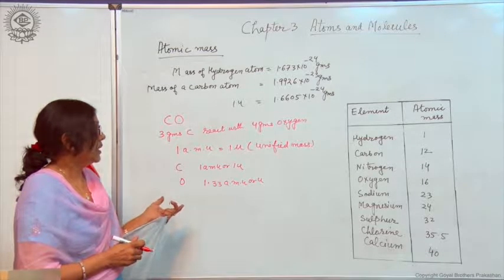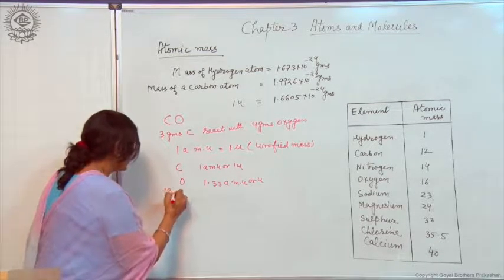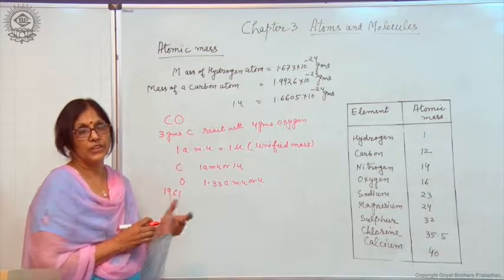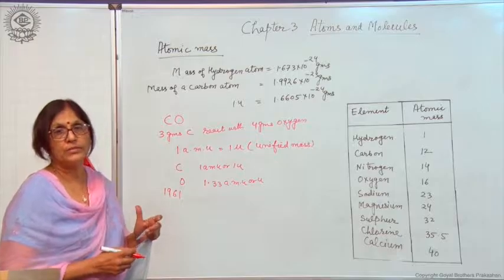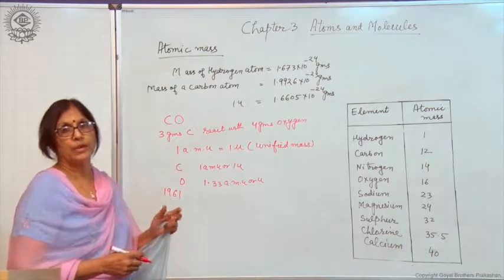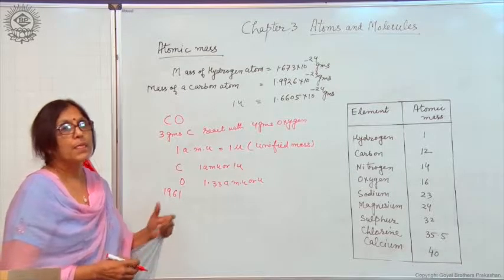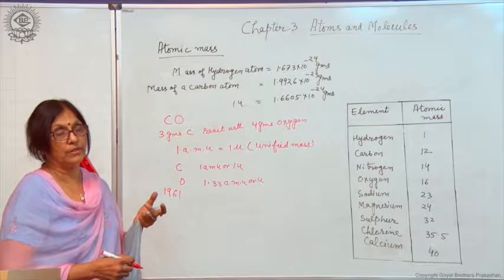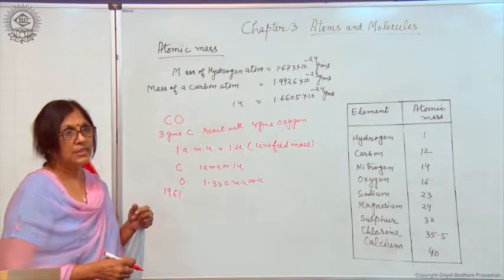Now, later in the year 1961, carbon was taken as standard with atomic mass 12, because carbon has isotopes with the mass 12 and 14 also, but that isotope in which the mass of carbon is 12 is taken as standard reference.